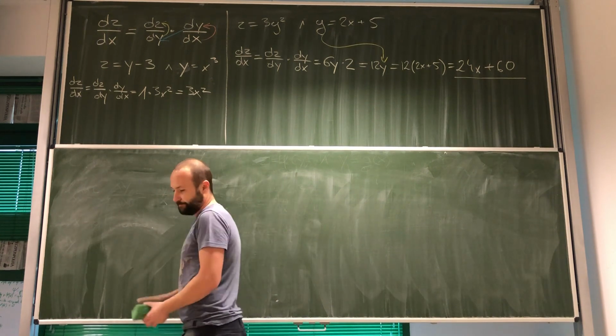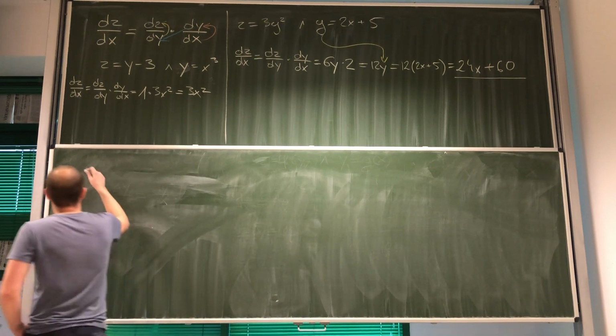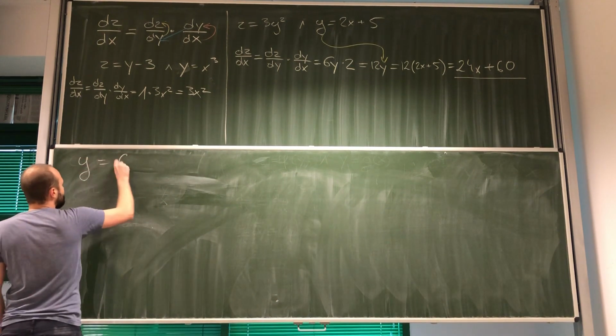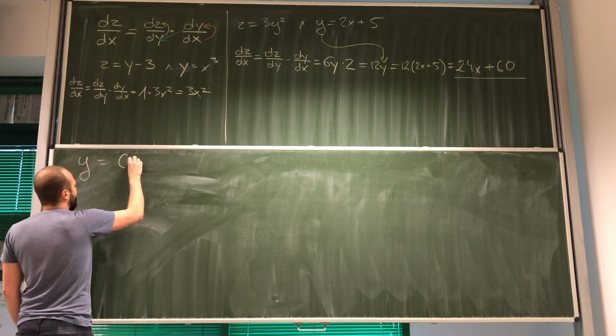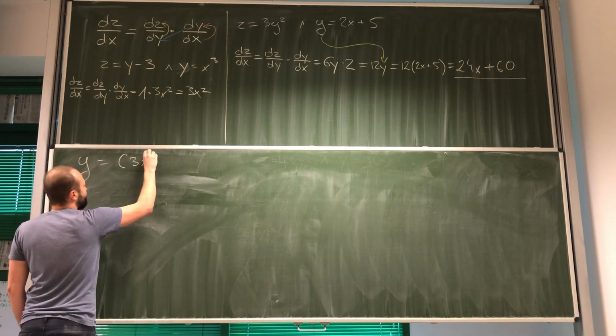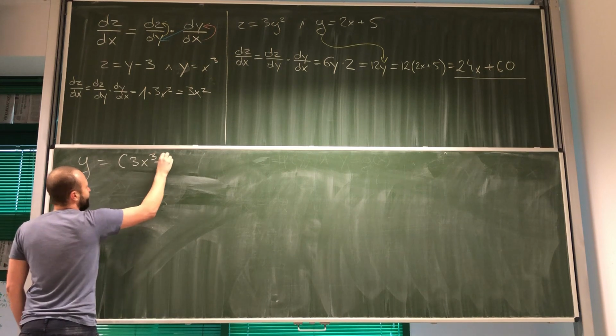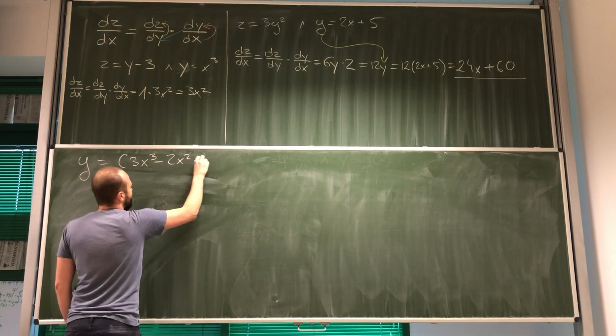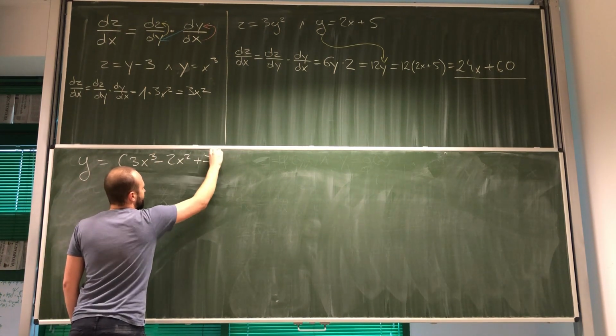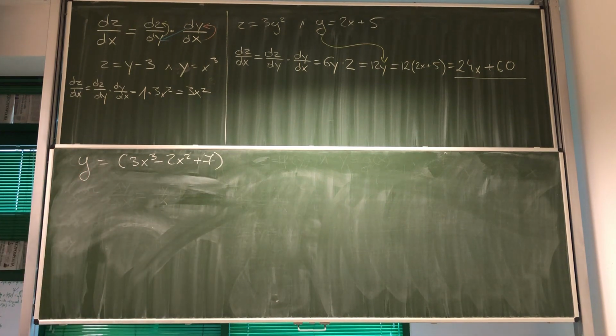Let's just say that y is equal to 3x to the power of 3 minus 2x squared plus 7. Well, if this would be the case, calculating derivative is trivial.